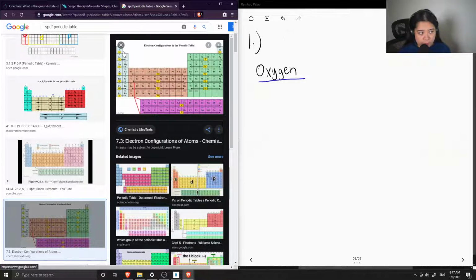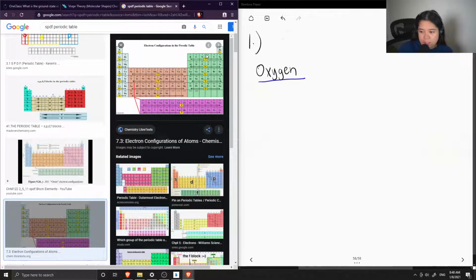So starting from hydrogen, we move left to right across the periodic table, writing the row number and then the block letter right after it until we get to our desired element. In our case, this is oxygen. Oxygen is found right here, atomic number 8.